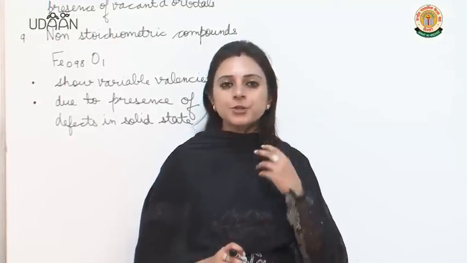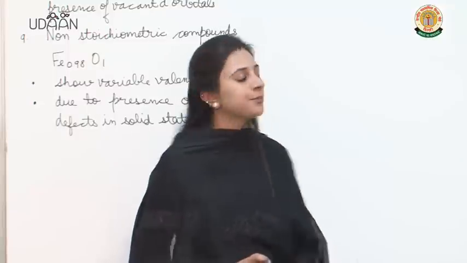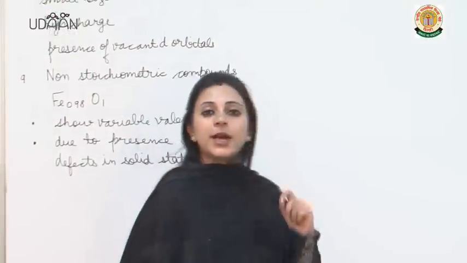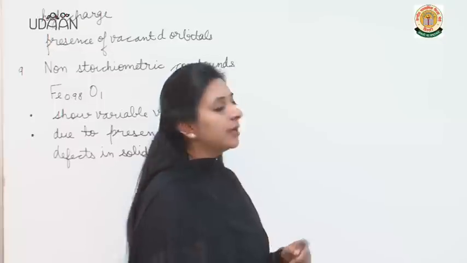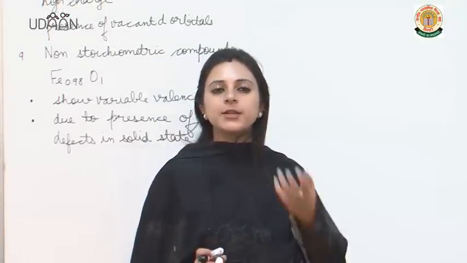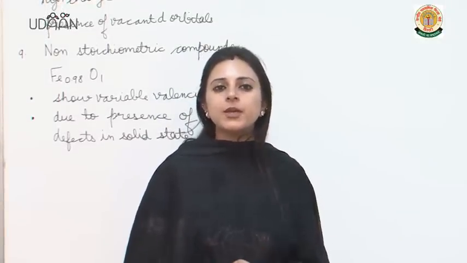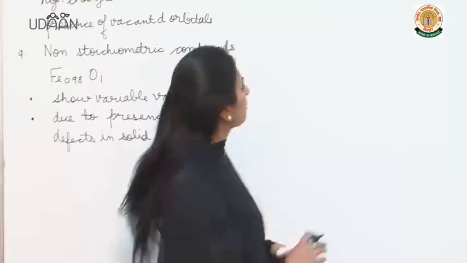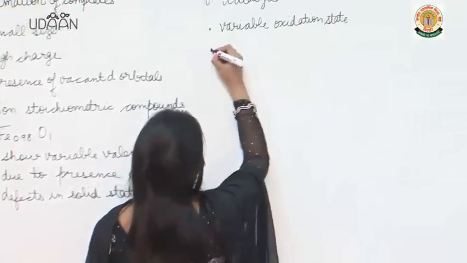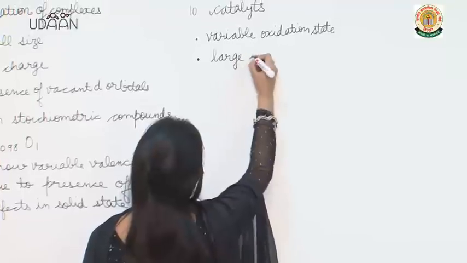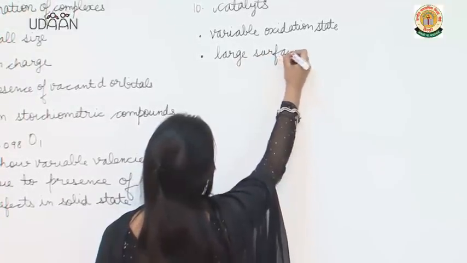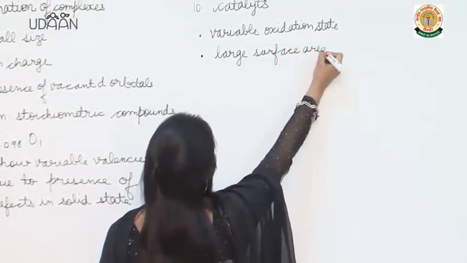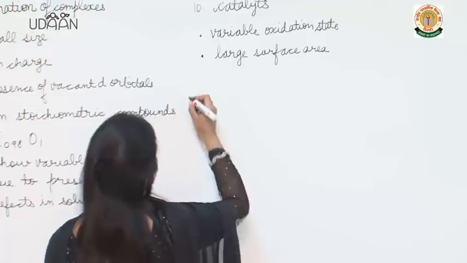That means it can show variable oxidation state. Then catalyst act करने के लिए it should have a large surface area ताकि reactants जो हैं उसके surface पे easily absorb हो जाएं. So second is large surface area so that they can easily absorb the reactants on their surface.